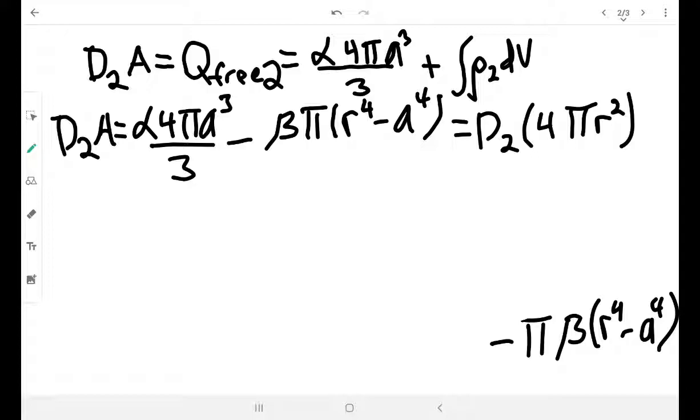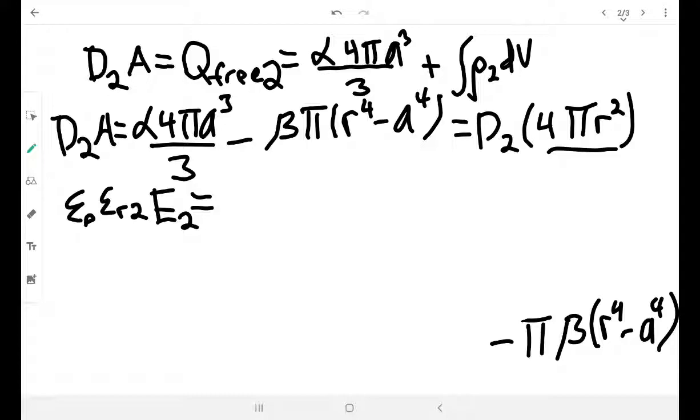And remember, D2 is actually just our epsilon naught times epsilon R2 times E for the second region, and that is going to be equal to our Q free divided by 4 pi r squared.